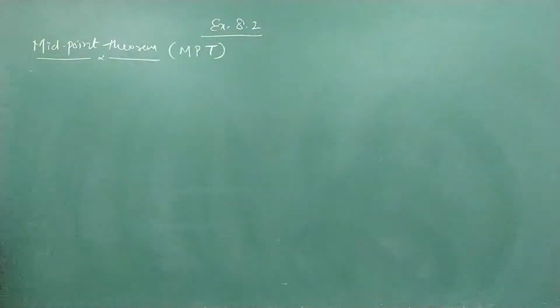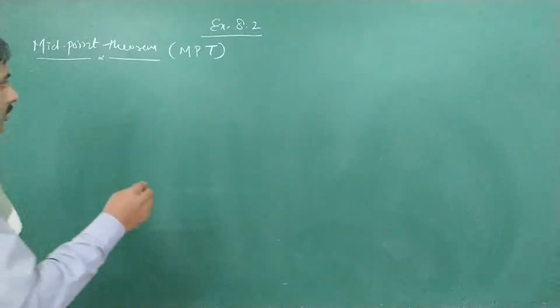In the midpoint theorem, the statement is, if a line intersects two sides of a triangle at midpoint, then it's parallel to the third side and half of it. So I'm writing the statement.